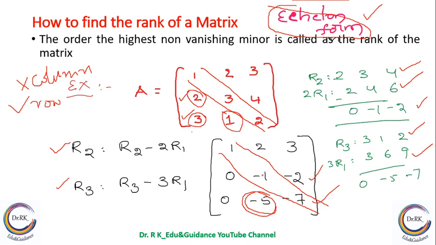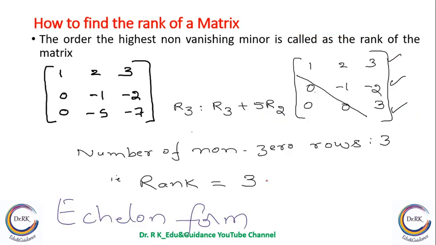So we go for an operation with R2, that is R3 minus 5R2. Then we'll get this. So with the help of this operation, we try to make this 0.